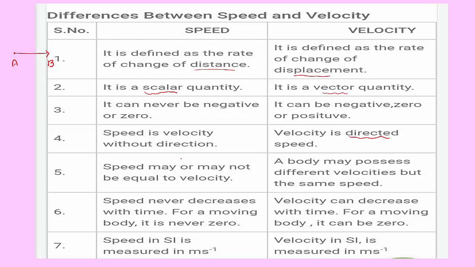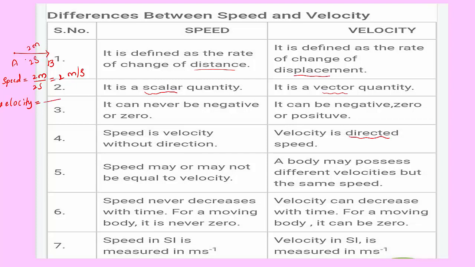So speed and velocity both are the same, because let us take the distance between them as 2 meter and the time taken as 2 seconds. So what is speed? Speed equals distance, 2 meter, over time, 2 seconds. So the answer is 1 meter per second. Similarly, come to velocity. Velocity is displacement by time.